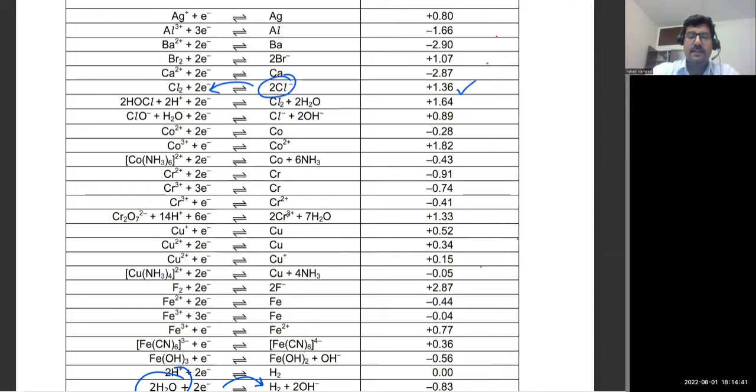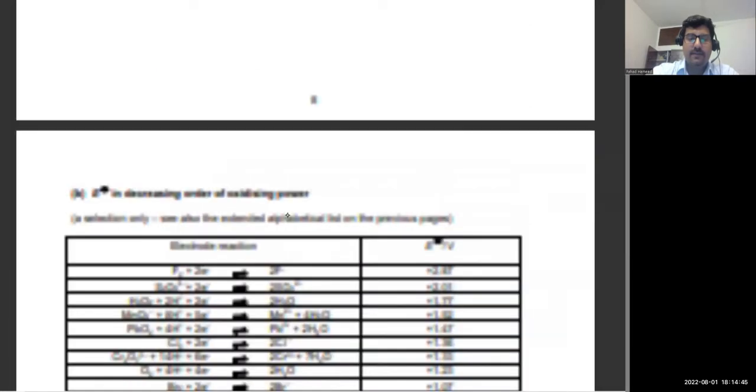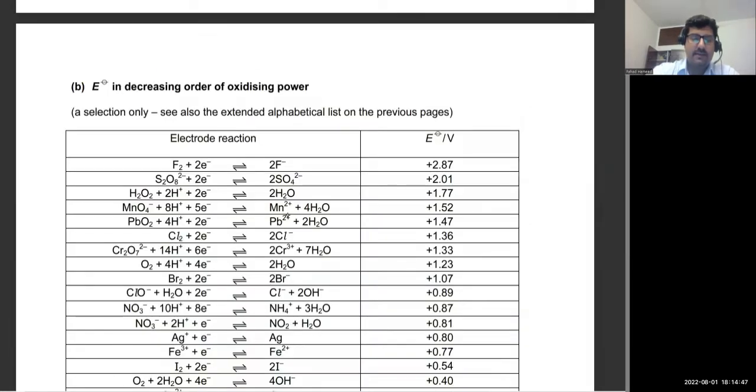So that is 1.36, and I want water to be losing electrons. I've got two equations where water is losing electrons. I just want to look at the equation in the backward direction and copy those equations.